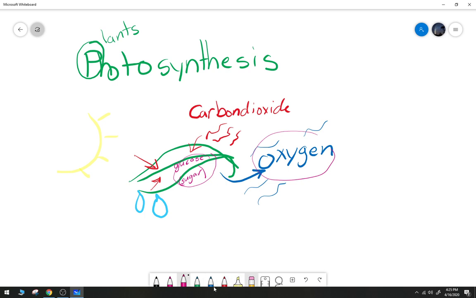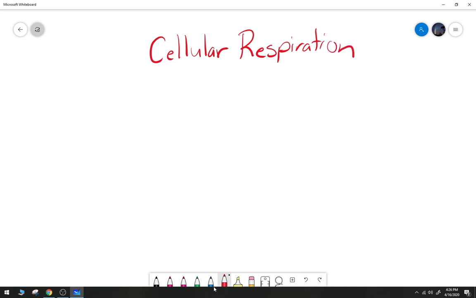Let's clear this. I want to do it in red because it's kind of opposite of photosynthesis. Cellular respiration. Okay. And in this case, we have oxygen from the plant.